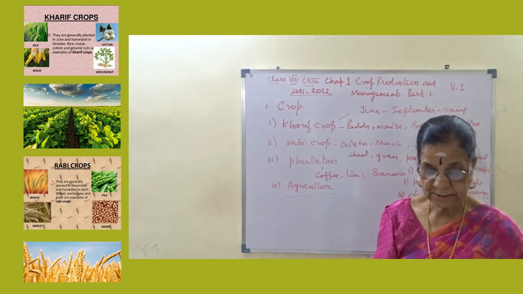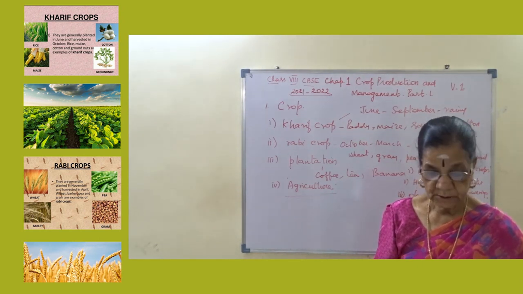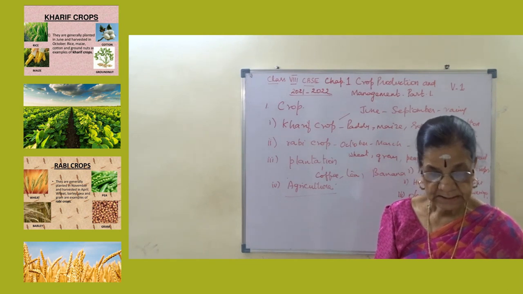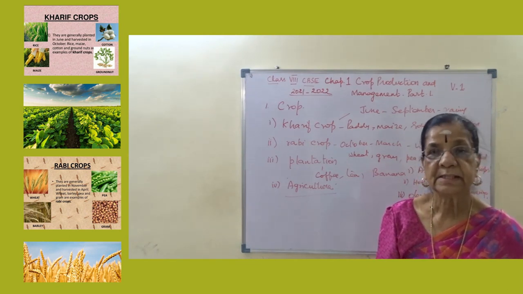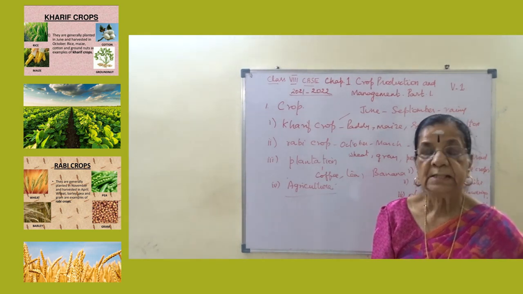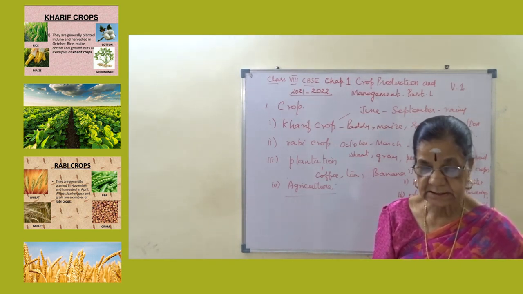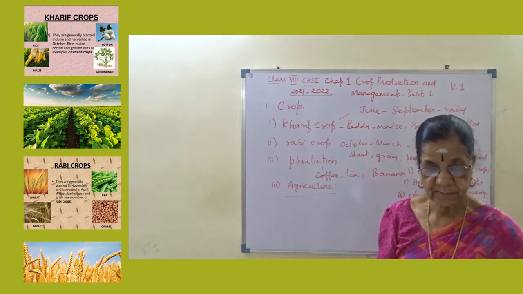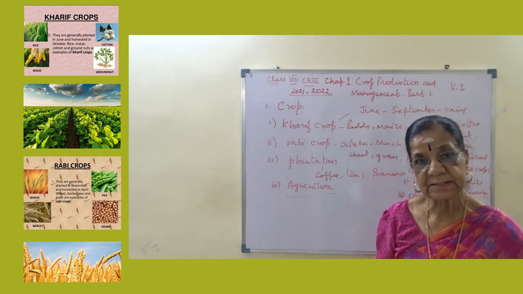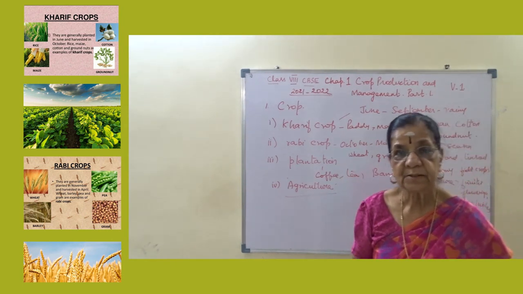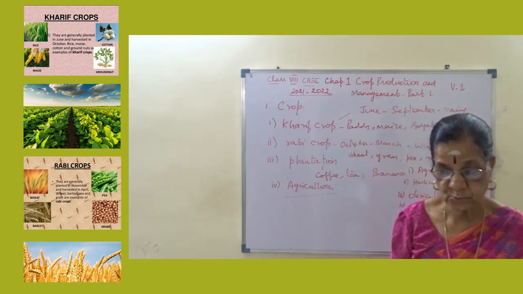And they include chili, turmeric, black pepper, fenugreek, cardamom, nutmeg, sesame, cinnamon and dry ginger. So I repeat, spices: certain parts of some plants, leaf, stem, flowers, fruits and seeds are used to enhance the palatability of food.